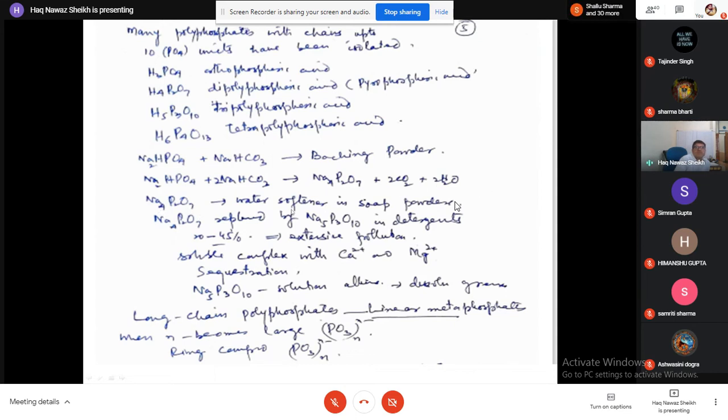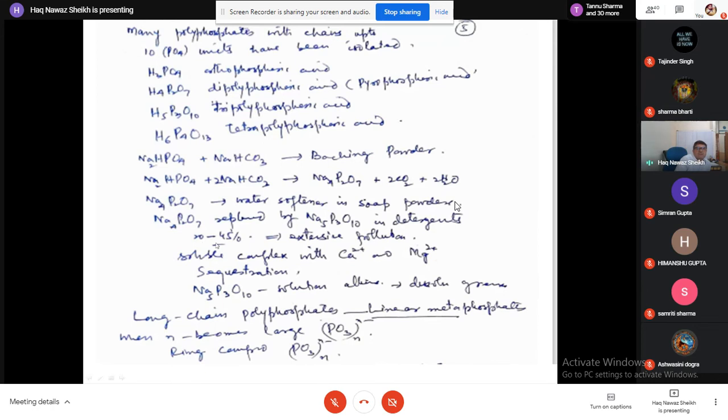Sodium pyrophosphate was traditionally used as a softener in soap powder, and was later replaced by another compound, the salt of tripolyphosphoric acid, which has P3O10, in detergents.